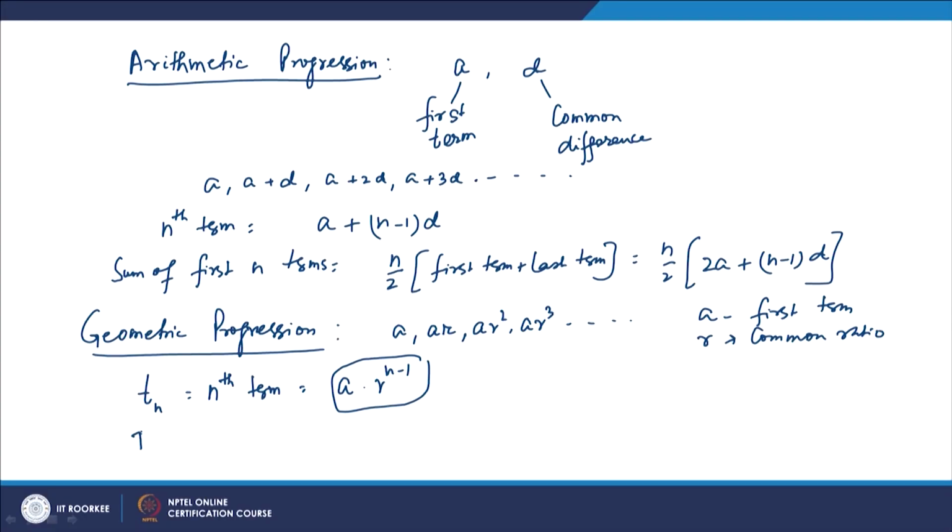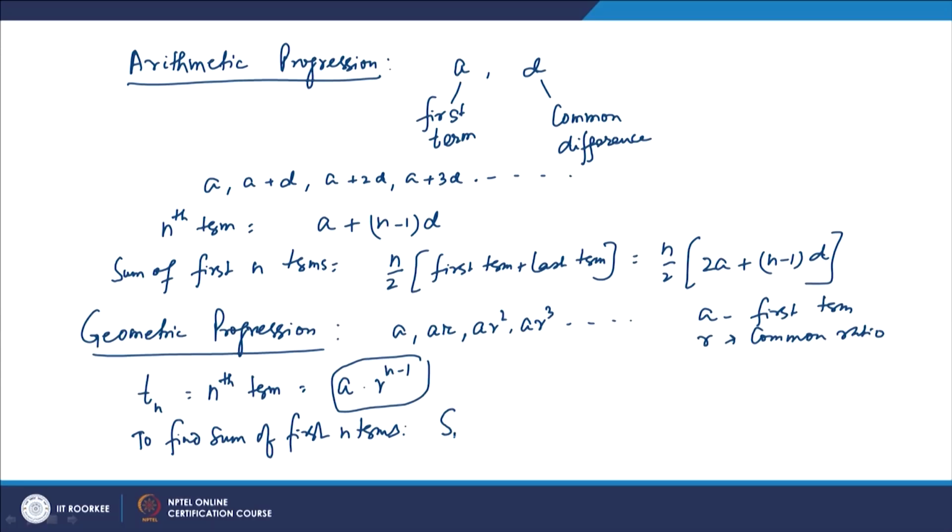Then I hope you have an idea about how to add these terms. If you want to find the sum of the first n terms, you add them and perform some calculations, which you must have done in algebra courses, and that is defined as Sn, which is A into R to the power n minus 1 by R minus 1.